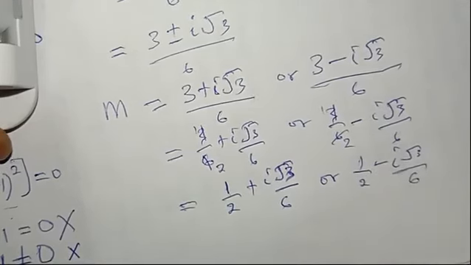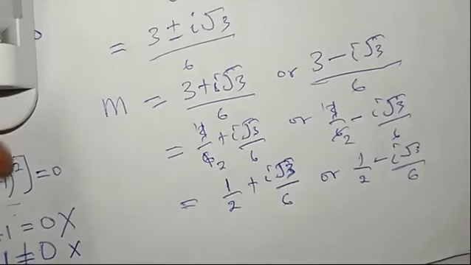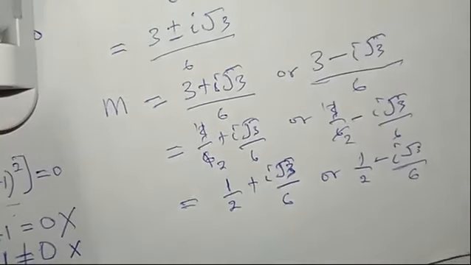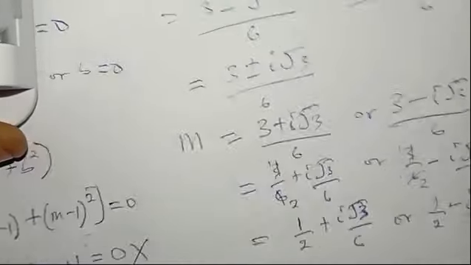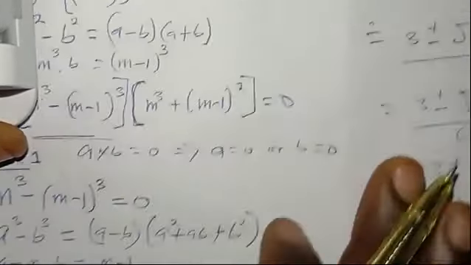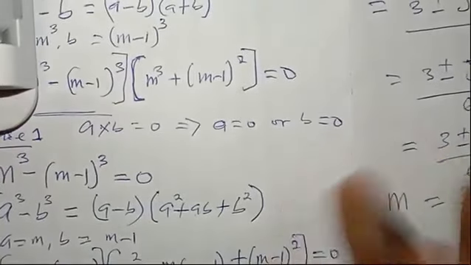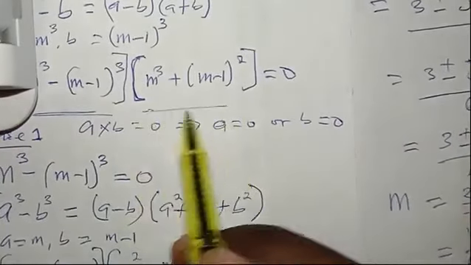So these are the two values of m we are getting right here. Okay, so having solved this, we can now come back to this place and continue with the second case.